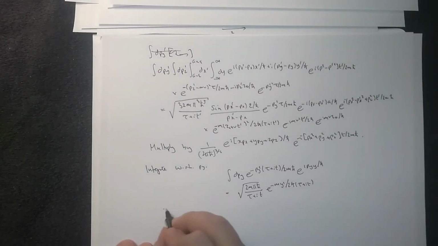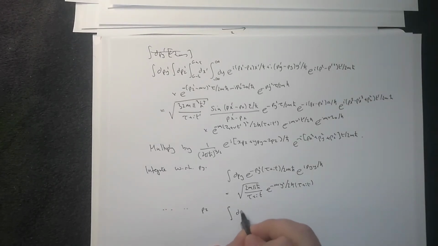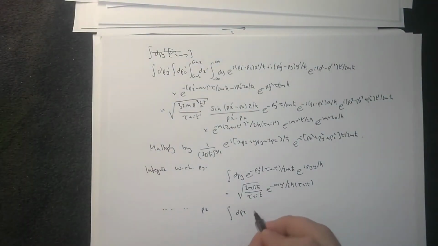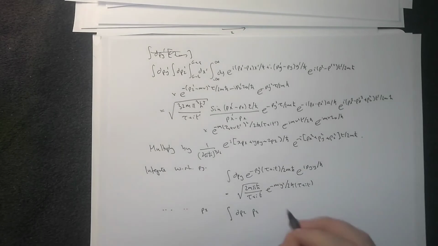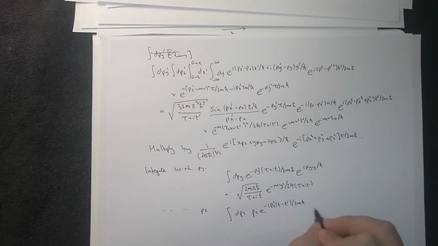We'd also like to do an integral with respect to p_z. The integral dp_z, if we collect together all the p_z terms that are in our calculation, we have a p_z outside, minus i p_z squared (t minus t prime) divided by 2 h bar, e to the i p_z z over h bar.